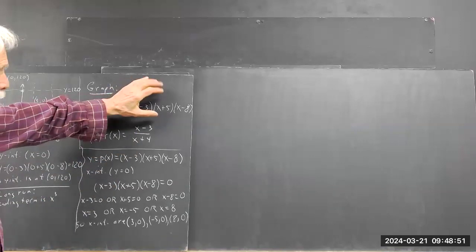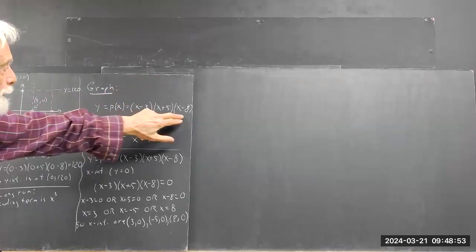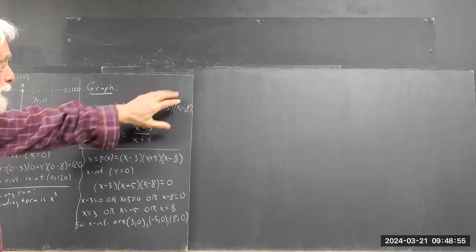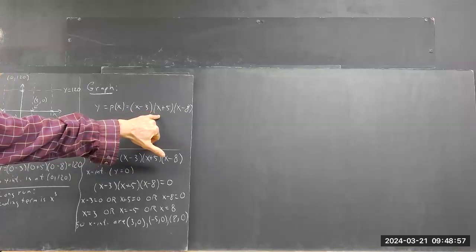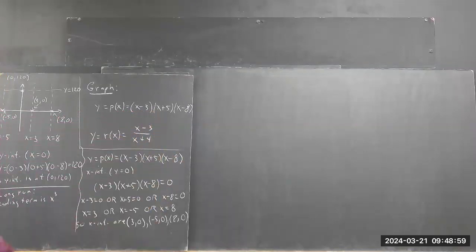Because clearly, if I expand these two, I'm going to get an x squared, and then I'm going to have an x to multiply that x squared. It's going to give me an x cubed. So the highest power term will be x cubed. So I say the long run looks like this. If we zoom way back on this function, it's going to be just like a cubic function.